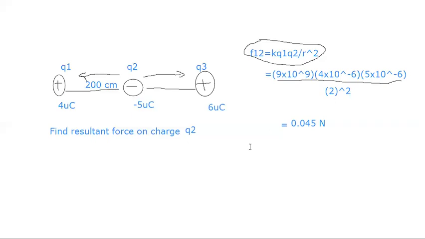Similarly, now I will calculate the force between Q2 and Q3. I'm going to calculate F23, which is equal to, again with the same formula, 9 cross 10 power 9 multiplied by Q2, which is 5 cross 10 power minus 6, and multiplied by Q3, which is 6 cross 10 power minus 6, also converting microcoulomb into coulomb.